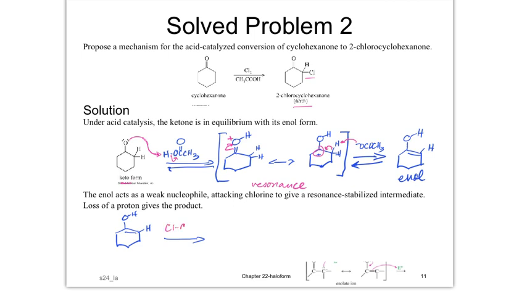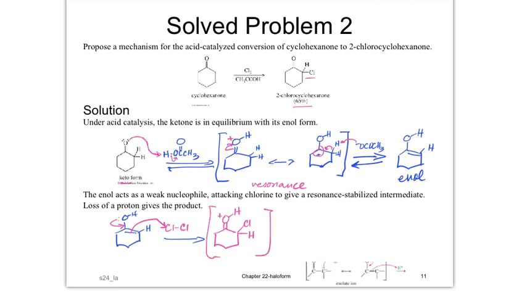So we'd have chlorine here, and we can imagine these electrons come down. These electrons then in the pi bond reach out to pick up the chlorine. And that would give us our chlorinated intermediate. This could be in resonance with a carbon with a plus charge.